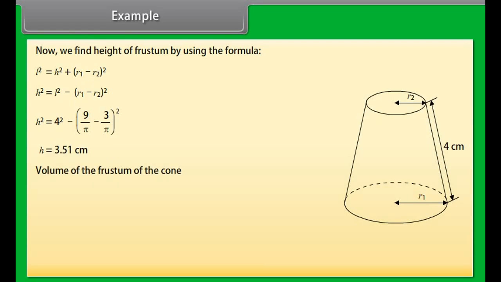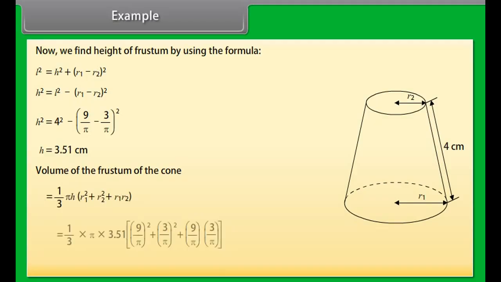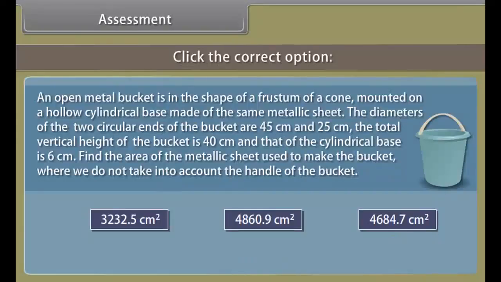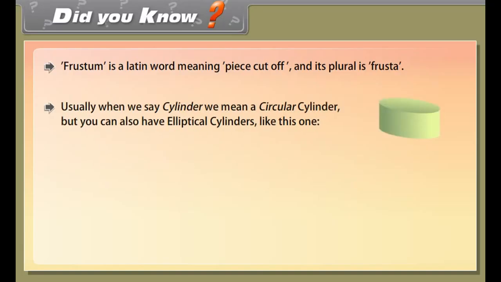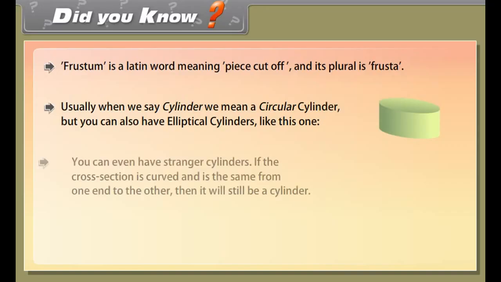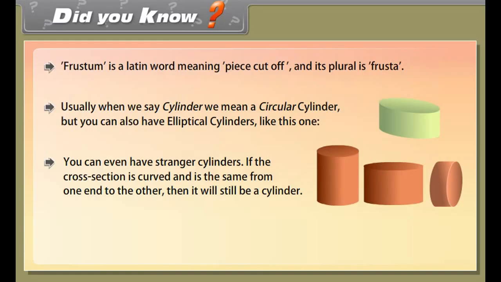Then 2 pi R1 equals 18, which implies R1 is equal to 9 upon pi centimeter, and 2 pi R2 is equal to 6, which implies R2 is equal to 3 upon pi centimeter. Therefore, curved surface area of the frustum is equal to pi into R1 plus R2 into L, which equals pi into 4 into 9 upon pi plus 3 upon pi centimeter square, which equals 48 centimeters square.